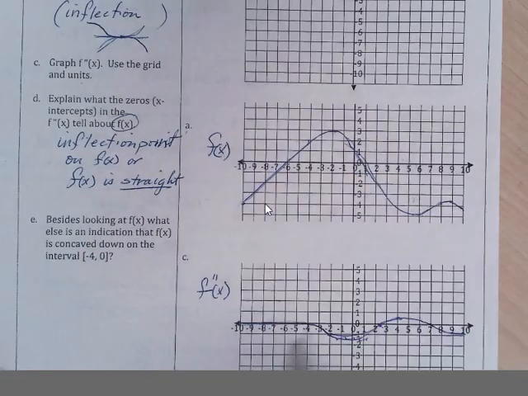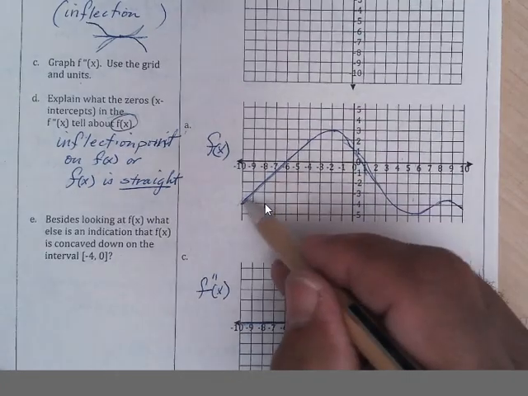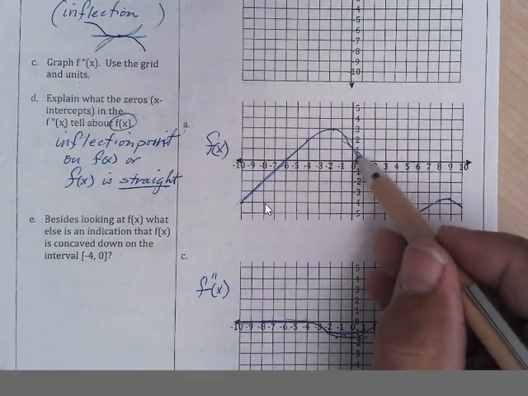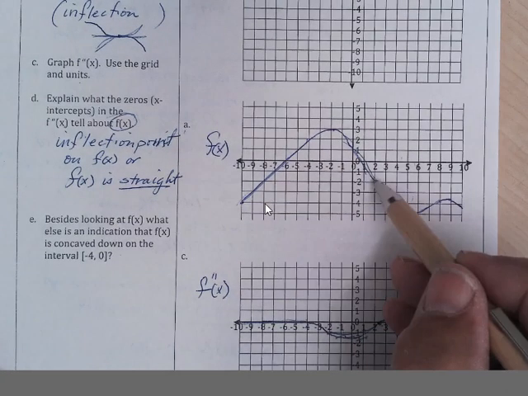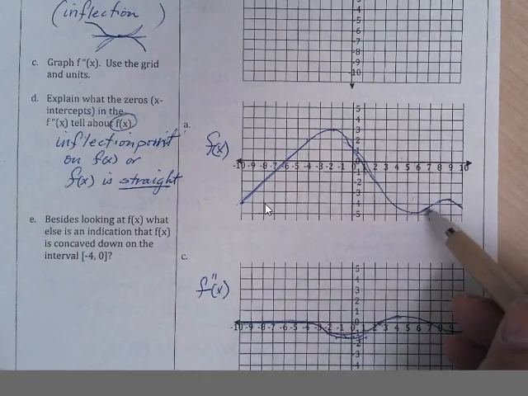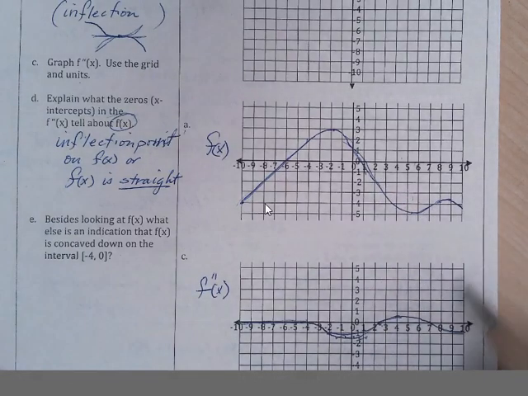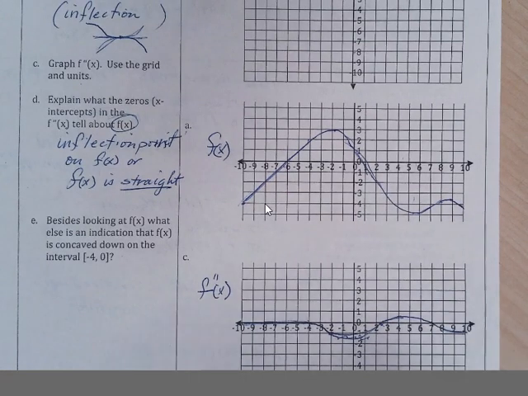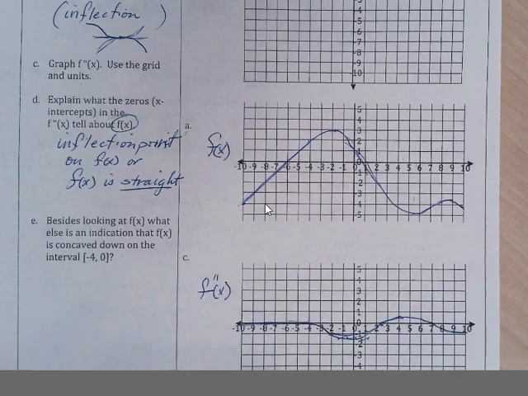When it's straight, this is 0. This would be acceleration. Distance is constant, so it's not accelerating. Or it changed from slowing down to speeding up, or from speeding up to slowing down. That's what's going on. When it's 0, it's changing that direction. Okay? Next problem.